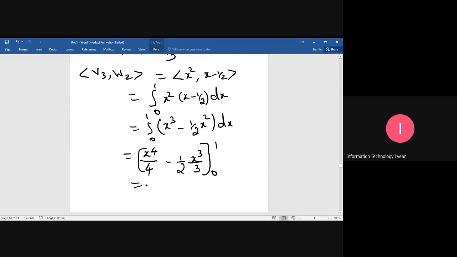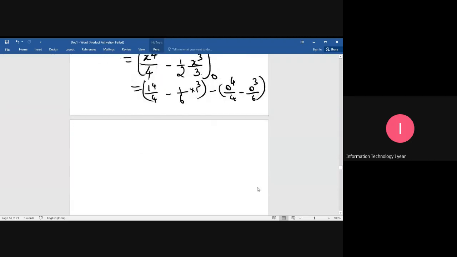Applying the limit, 1 power 4 by 4 minus 1 by 6 into 1 power 3, upper limit minus lower limit, substituting x by 0: 0 power 4 divided by 4 minus 0 power 3 divided by 6. So this is equal to 1 by 4 minus 1 by 6.